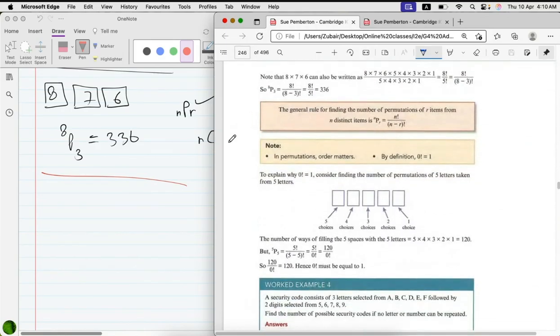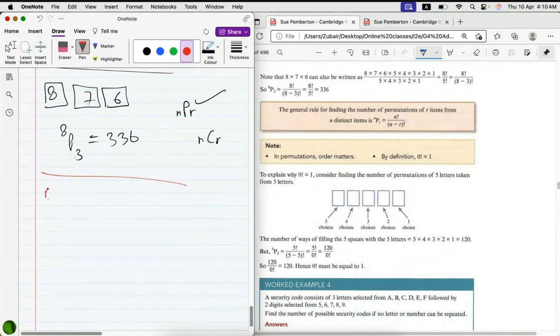The general formula for permutation is nPr equals n factorial over (n minus r) factorial. In this case, that was 8P3. So 8 factorial over (8 minus 3) factorial. You will have a calculator with you.